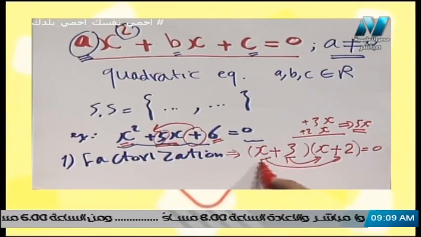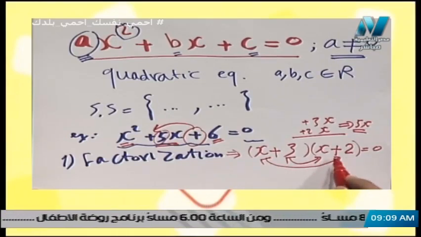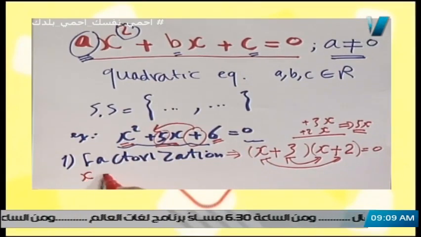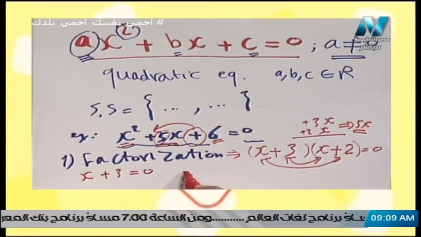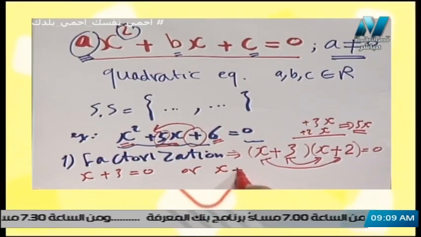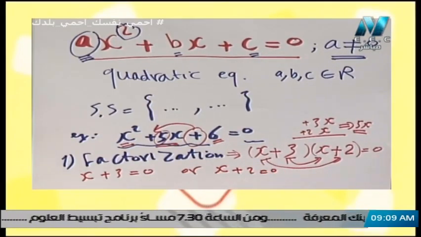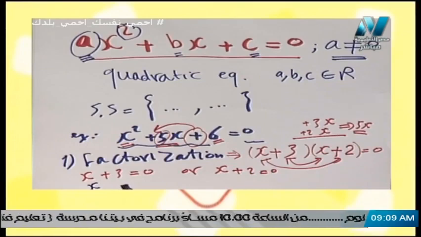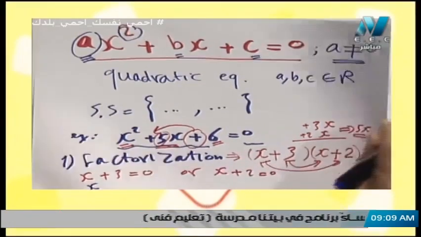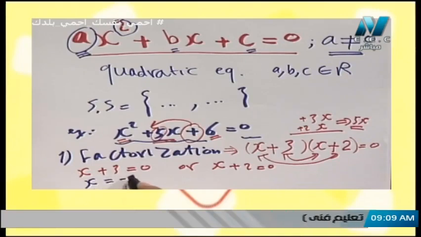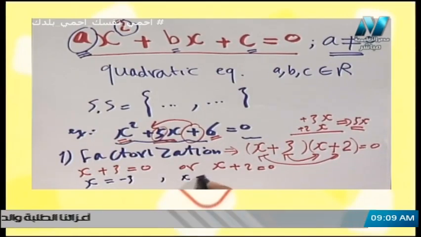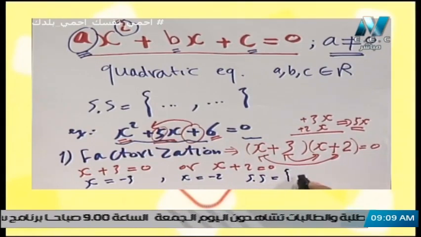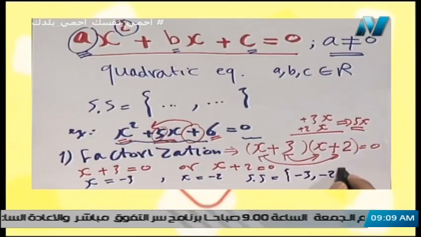If we have two brackets multiplied by each other and the product equals 0, then the first one equals 0, or the second one, x plus 2, equals 0. So here x will be negative 3 and x will be negative 2. So the solution set equals negative 3 and negative 2.